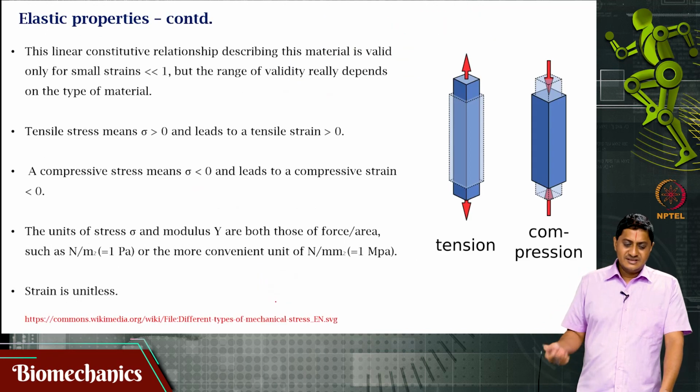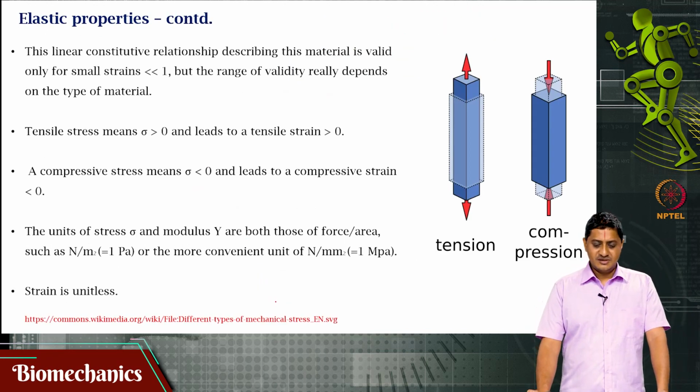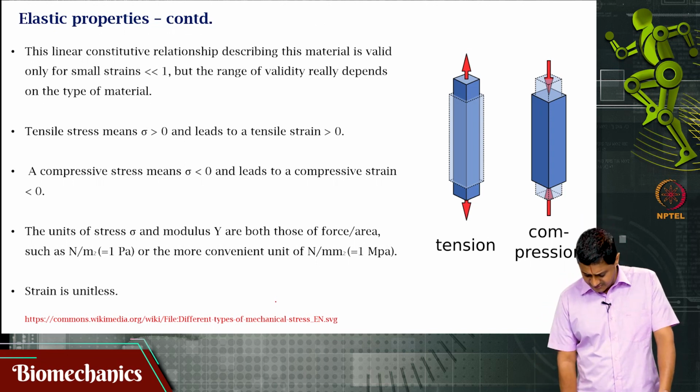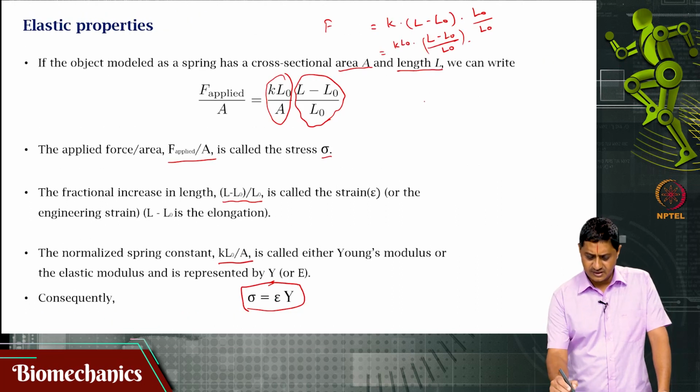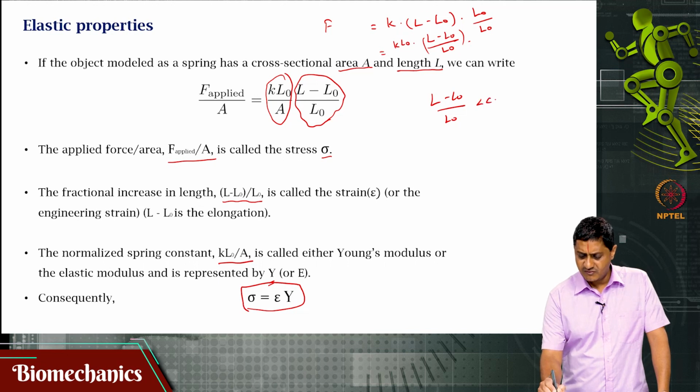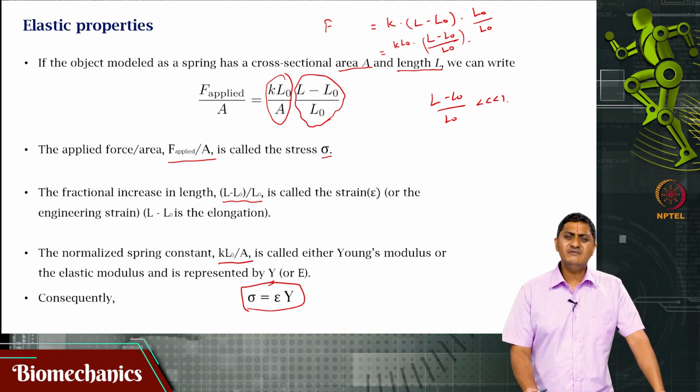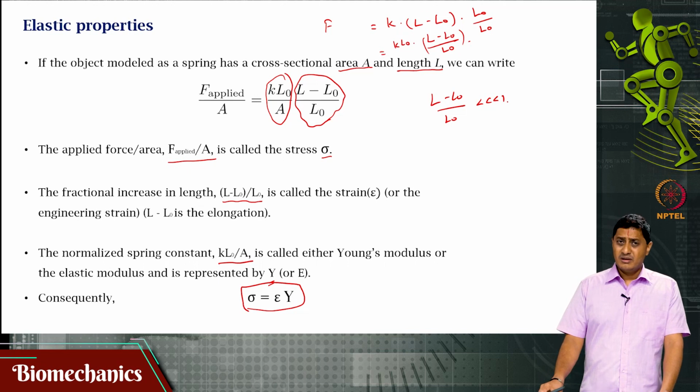This relationship describing material property is true only when strains are much less than 1. So, (L minus L naught) by L naught must be very small; for very small values this is true, because at other values this may not hold true.